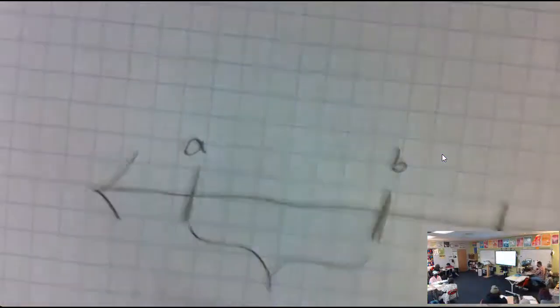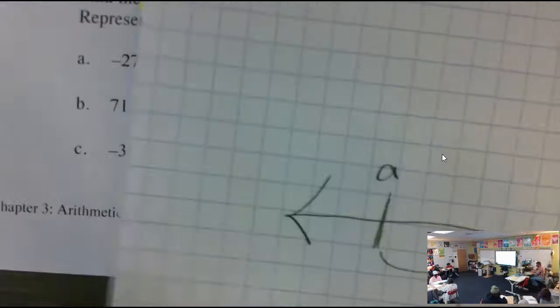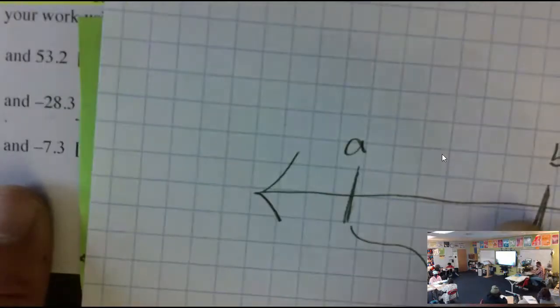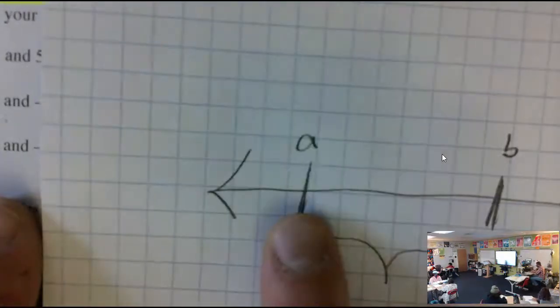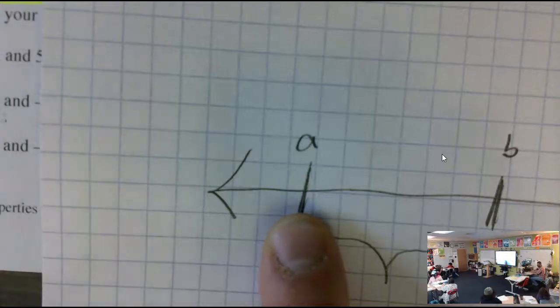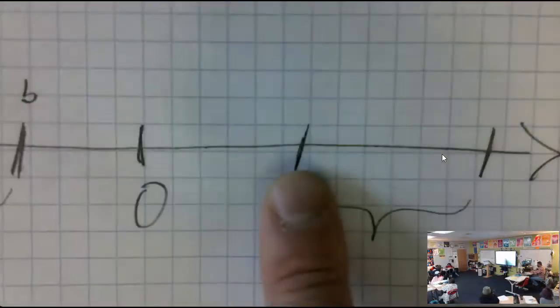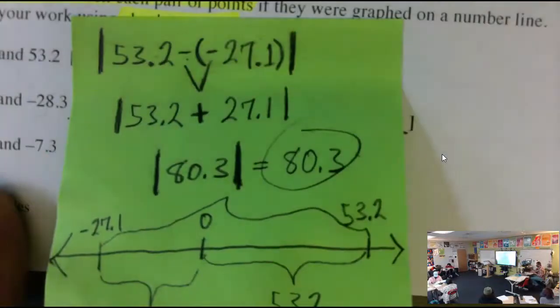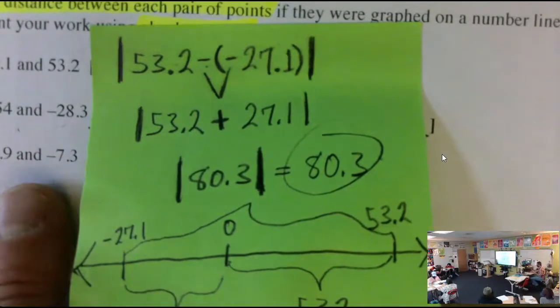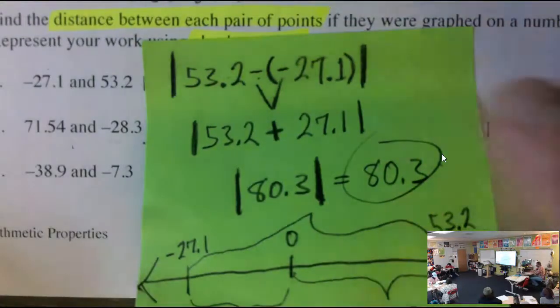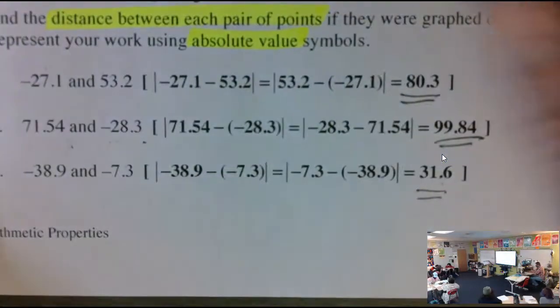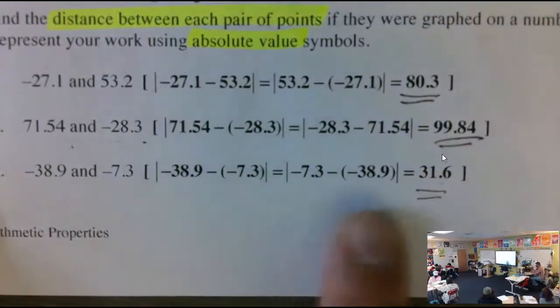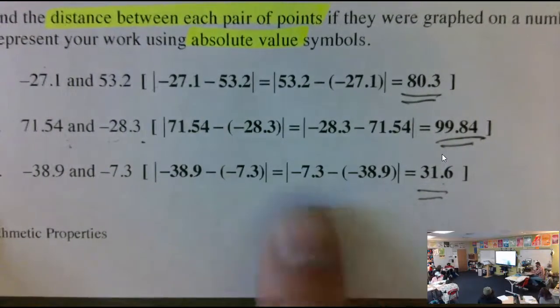The trick I told you was with negative 7.3 down to negative 38.9, it works the same as if we had positive 7.3 and positive 38.9, because the distance between the two negative numbers will work the same as the distance between the positives. So here's the two different ways to set it up with subtraction.